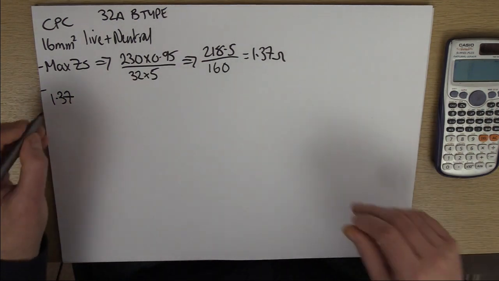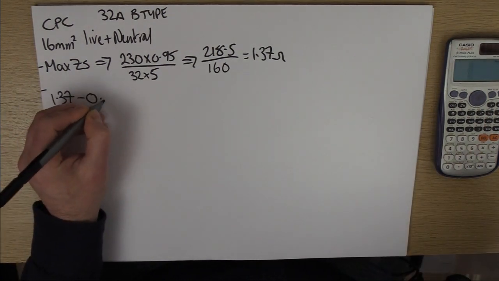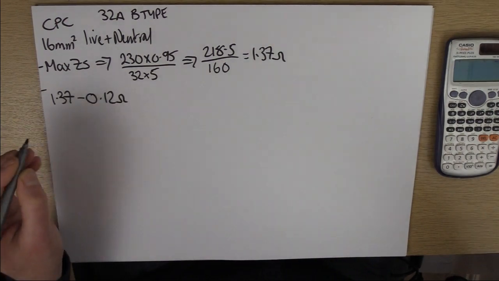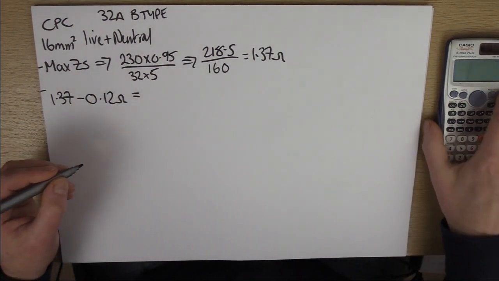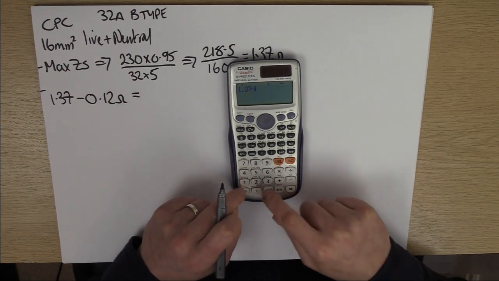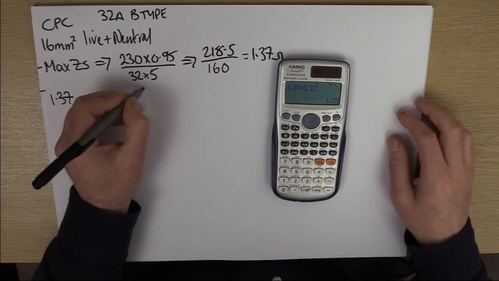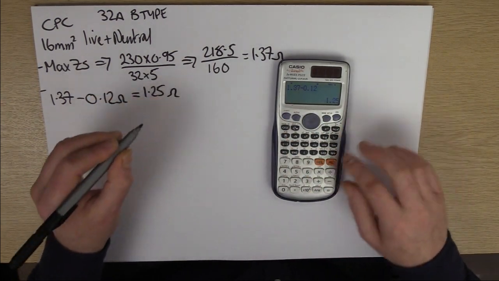Yes, 0.12. So if we take our max allowed ZS, get rid of the ZE that we've got, so deduct that, that leaves us with a maximum R1, R2 that we've got to work with. So 1.25 ohms.